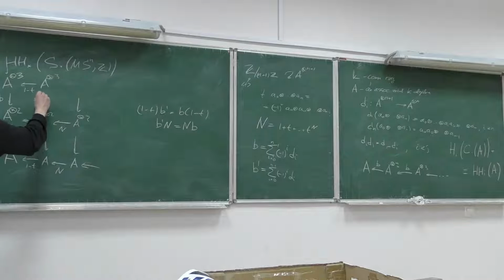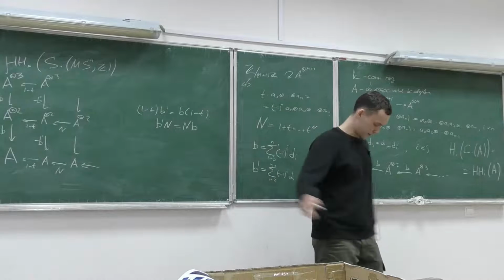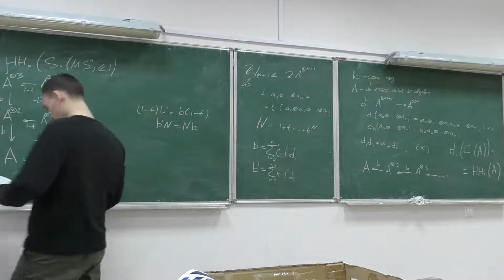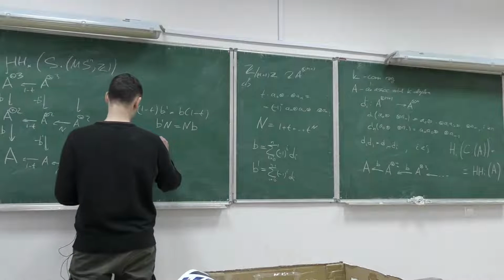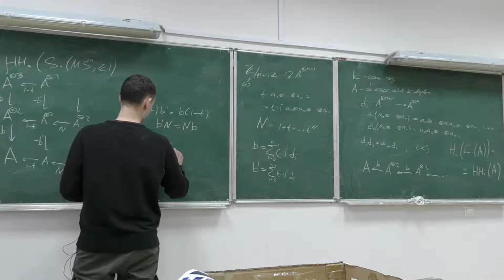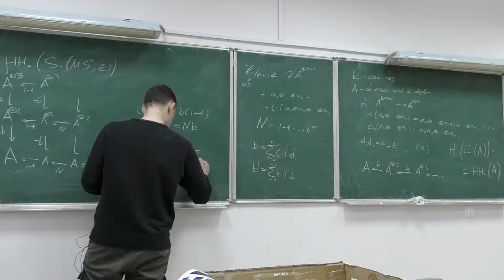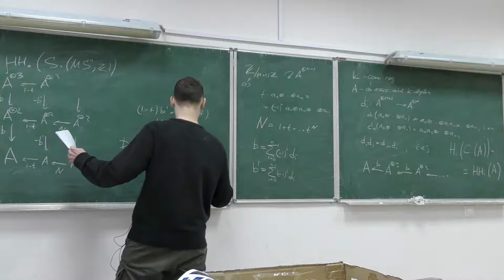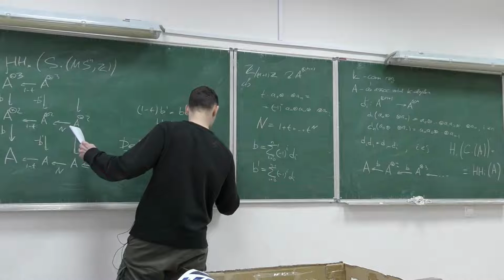Yeah, so here we also added the minus sign, so the squares will anti-commute. So we get a bicomplex, and the definition of cyclic homology of A is just the homology of the total complex of this bicomplex, I would call it.